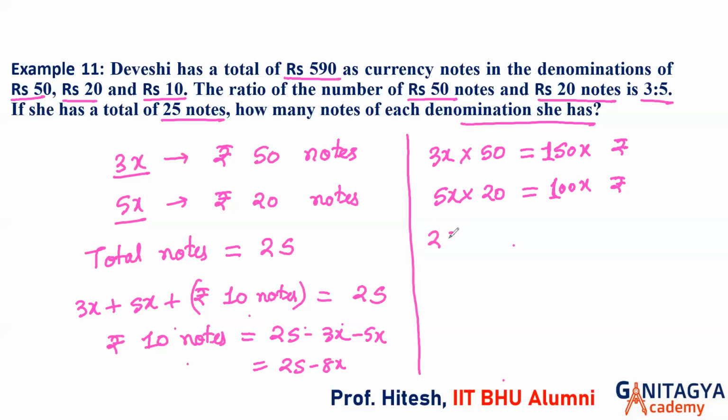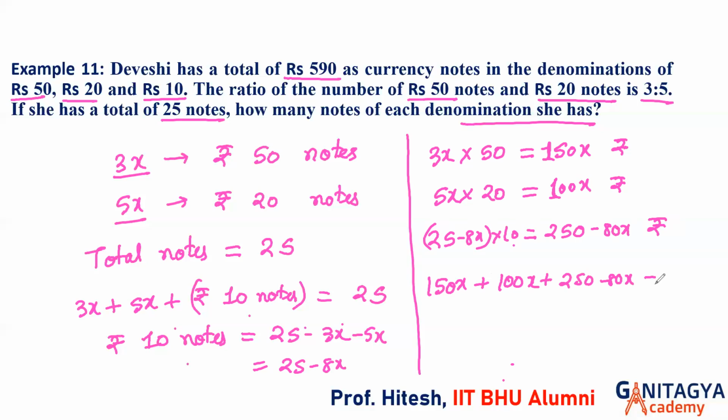So 25 minus 8x into 10, that is 250 minus 80x rupees with the help of rupee 10 notes. Very much clear. So now total rupees was how much? Rupees 590. So what I'll do? 150x plus 100x plus 250 minus 80x is equal to 590 rupees. Very easy. Understood?